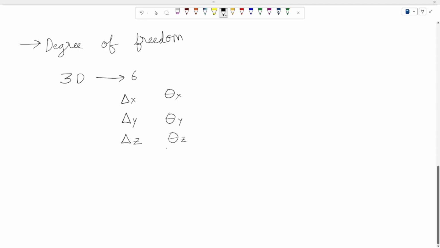Let me show you this in the coordinate system. So here you will have delta x, here you will have delta y, and the other axis will be your delta z.